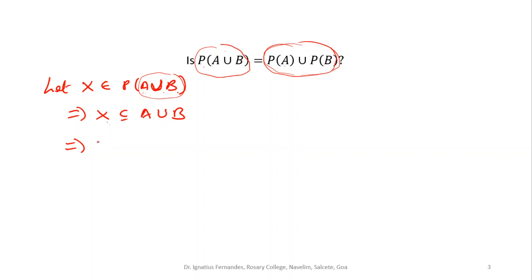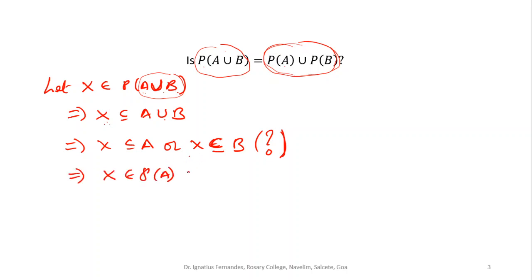Now from this, can I say that X is a subset of A because it is a union here? So can I say X is a subset of A, or X is a subset of B? If I can say this, then definitely X will be in power set of A or in power set of B. So first I will have to justify this statement.